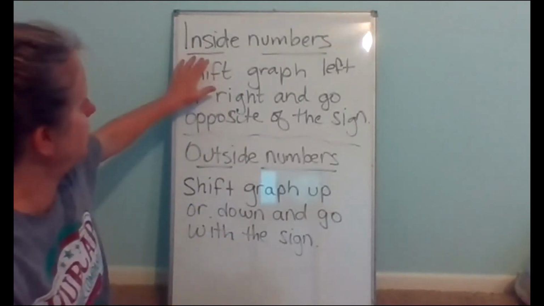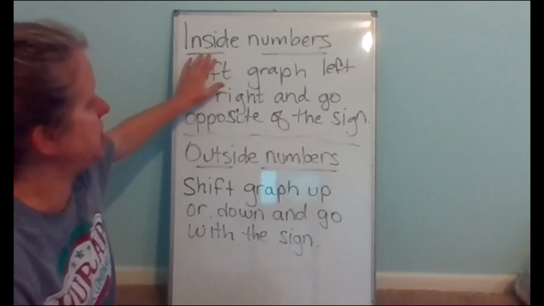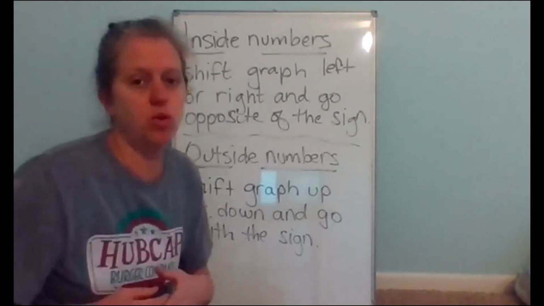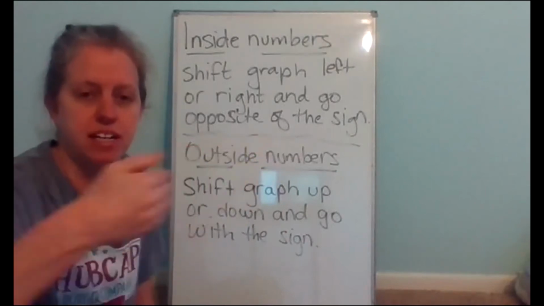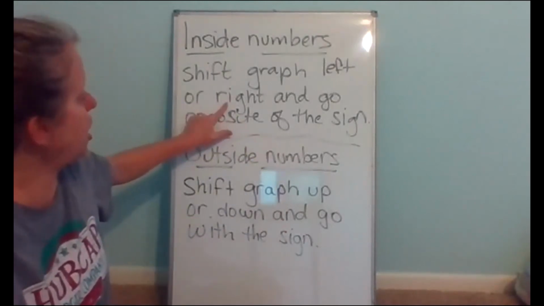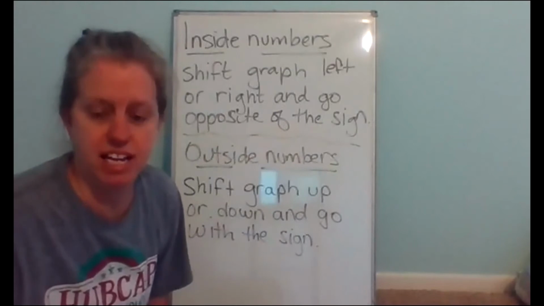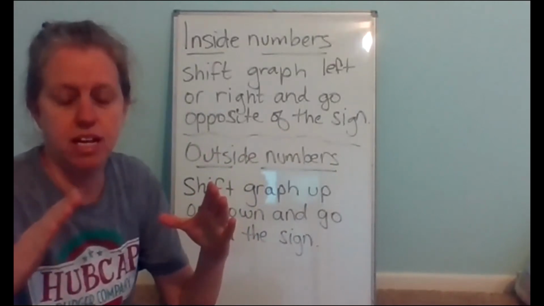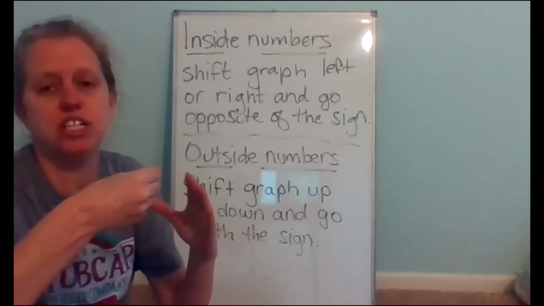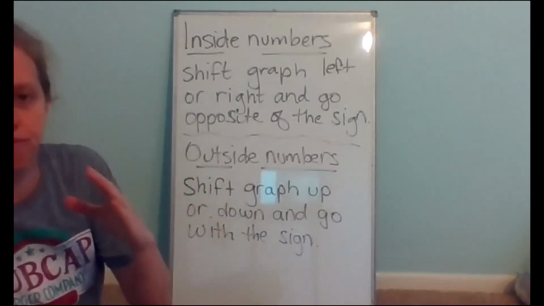Okay, so inside numbers are going to shift the graph horizontally, left and right, okay? But you're going to go opposite of what the sign is. So if you're an inside number, like a +5, you're actually going to shift it backwards or to the left 5.